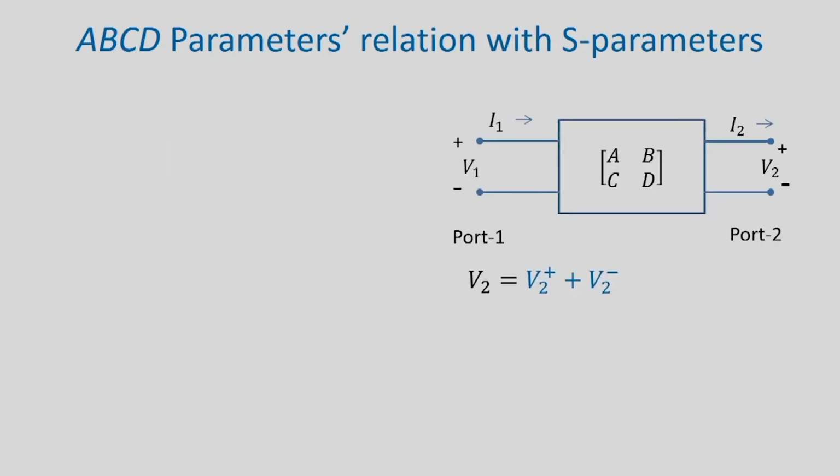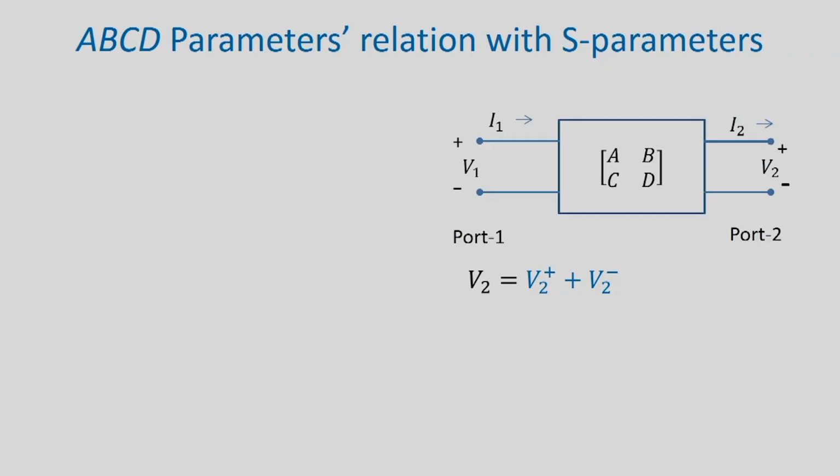Now, let us see how we can relate the ABCD parameters with S parameters. In fact, later on we will see that in some of the cases where the direct computation of S parameters may be difficult, we can actually find out the ABCD parameters first and then we calculate the S parameters.